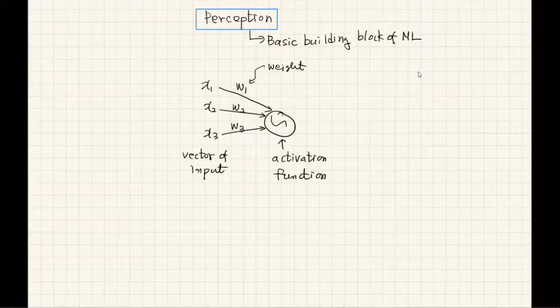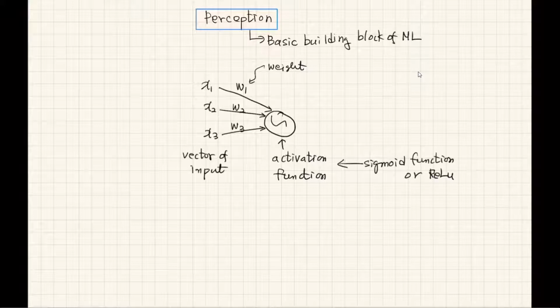And there are many different types of activation functions, but typically we will use the sigmoid function or ReLU function. Probably next week we are going to spend some time to talk about what type of activation functions we will use, and we will talk about the properties of activation function.